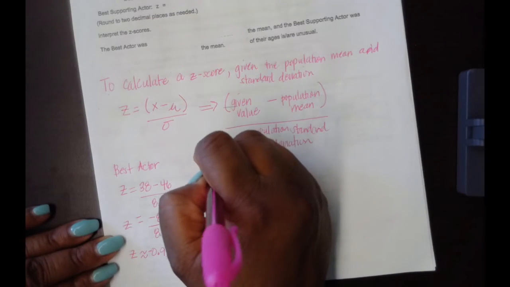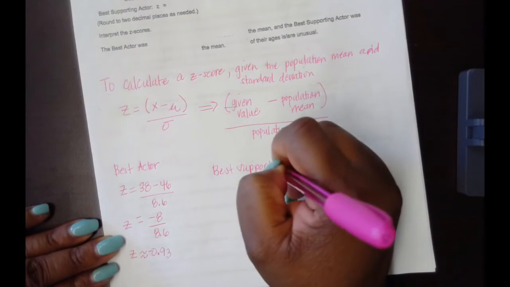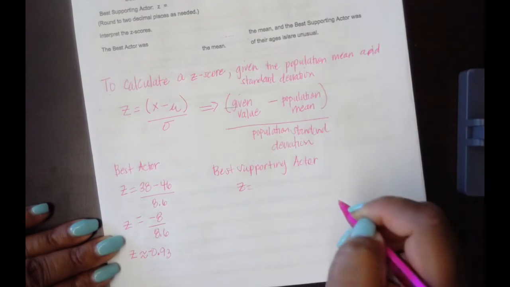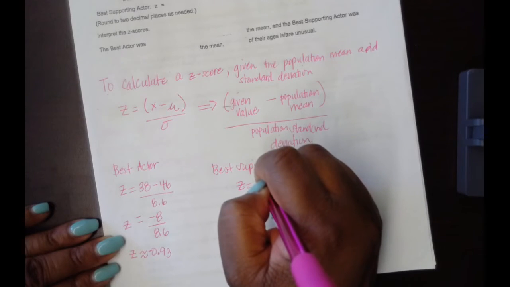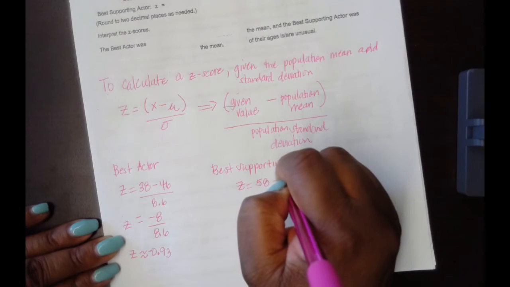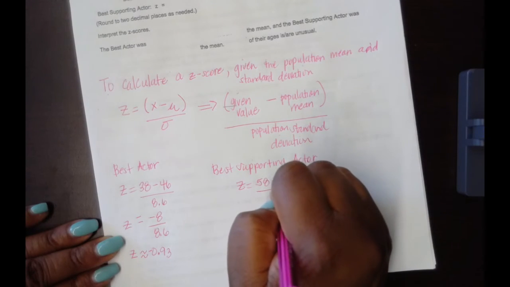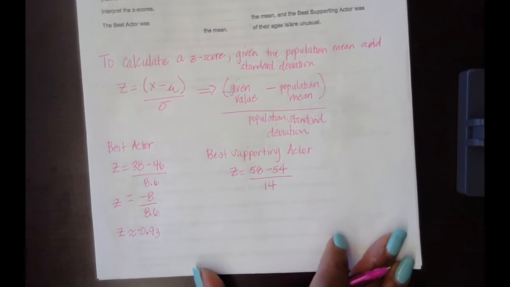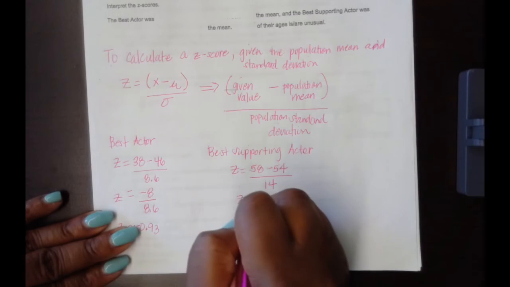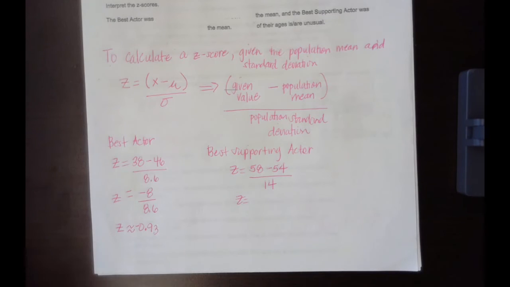Let's do that for best supporting actor. So Z is equal to the given value, which is 58, minus the population mean, which is 54, divided by the population standard deviation. So Z is equal to, go ahead and subtract 58 minus 54.